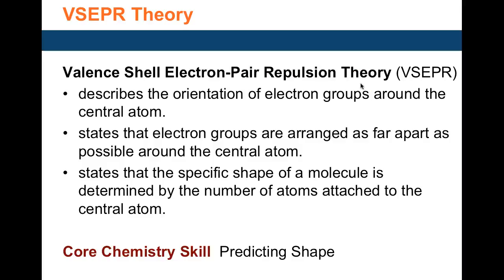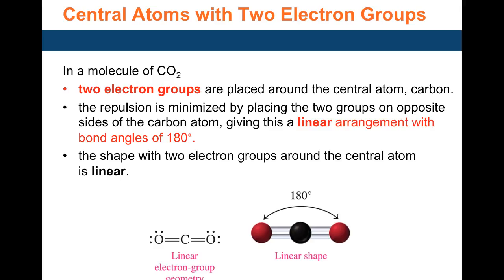This theory states that the electron groups around the central atom have to be as far apart as possible in order to minimize electron pair repulsions. So the shape of the molecule is determined by how many of those bonds are around the central atom. It's always with respect to the central atom.